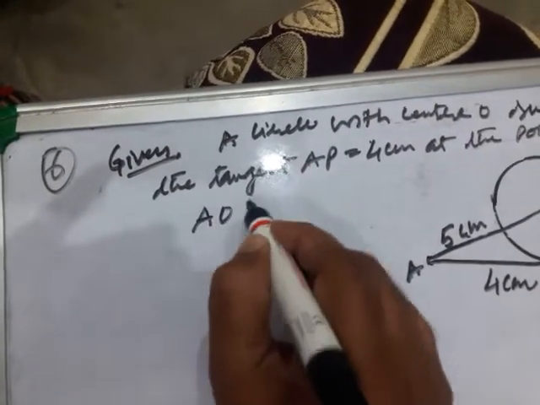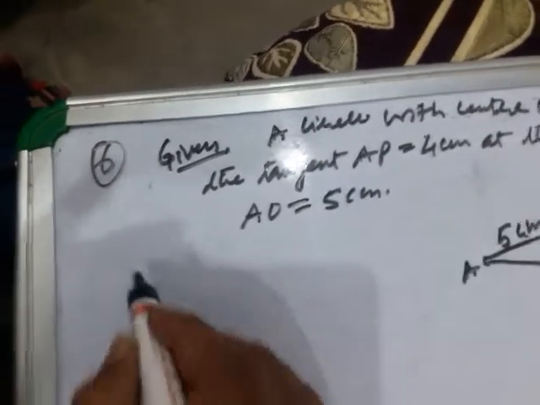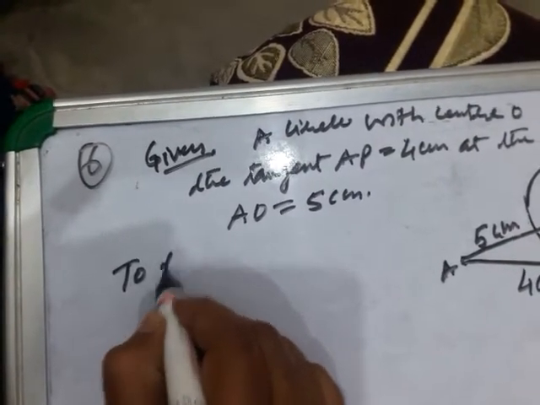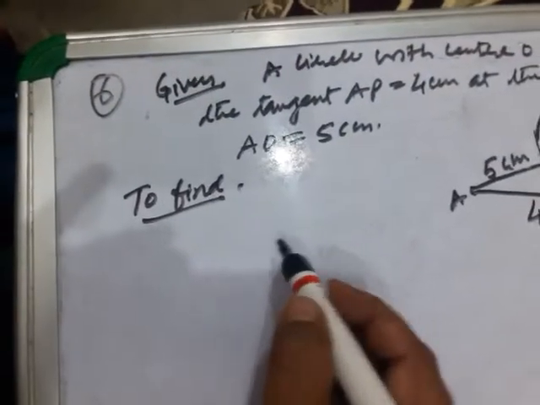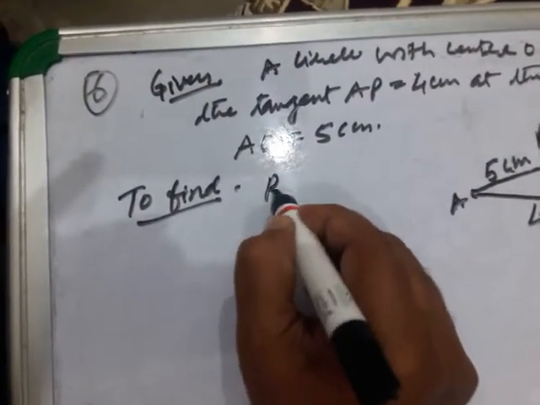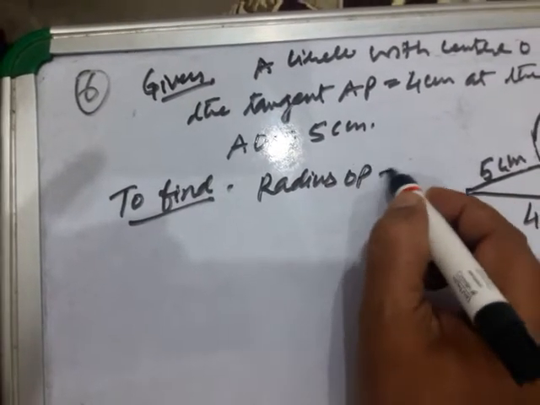AO equal to 5 centimeter. What we have to find, children? We have to find the radius OP.